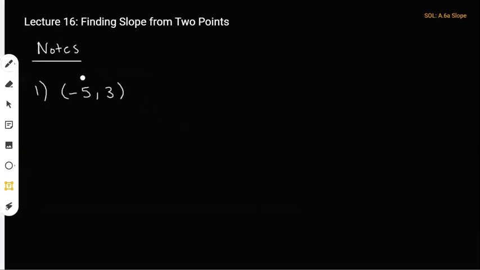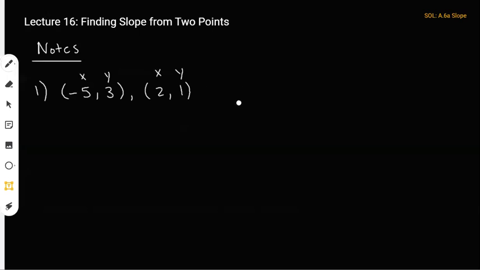The first number is always going to be our x value, and the second number in parentheses is going to be our y value. It gives us another ordered pair, 2, 1. 2 is going to be the x value, as always, and the 1 is going to be our y value.